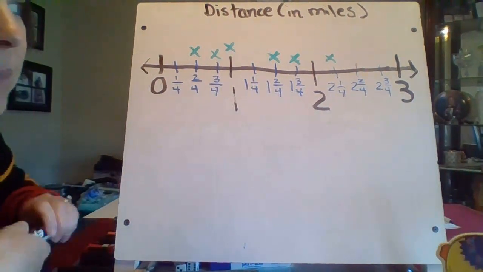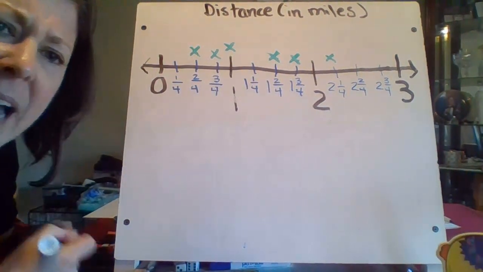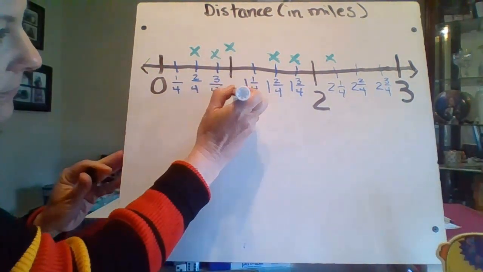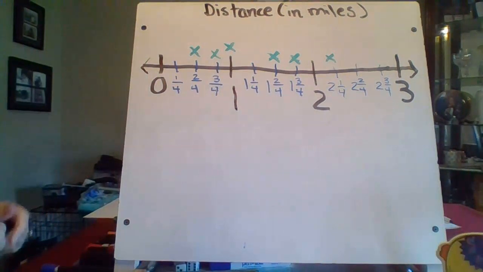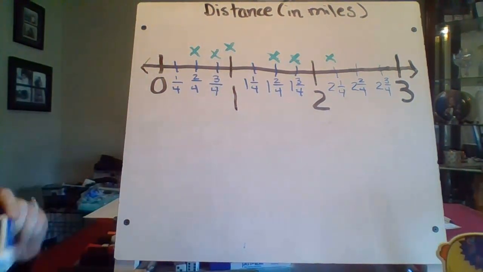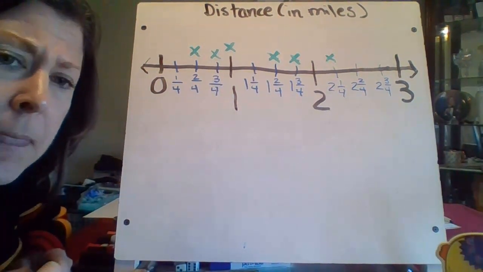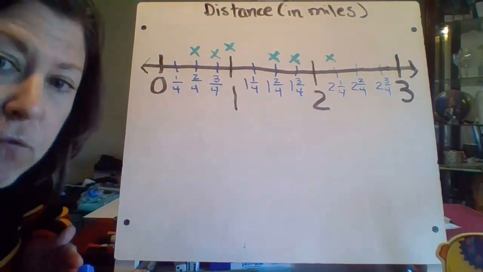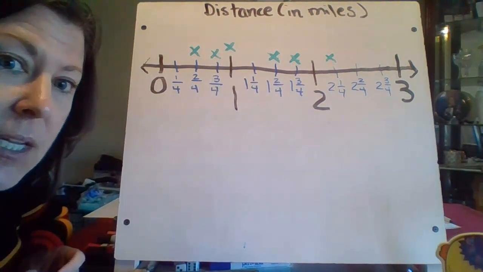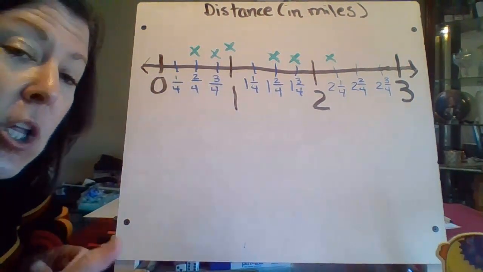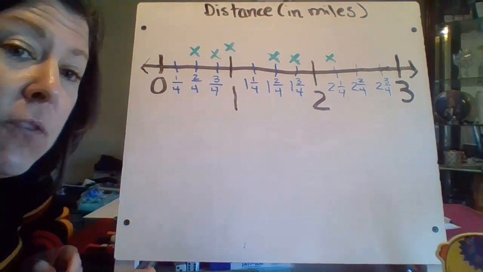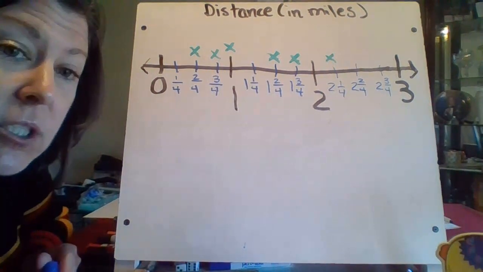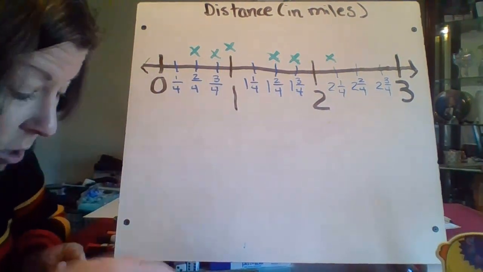So now I might be asked some questions about this data. Like, what's the difference? How much farther was the distance of the person that ran the longest versus the person that ran the shortest?